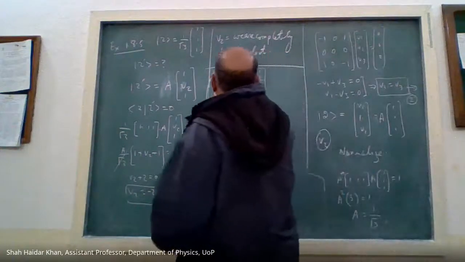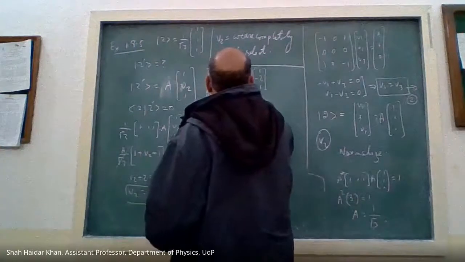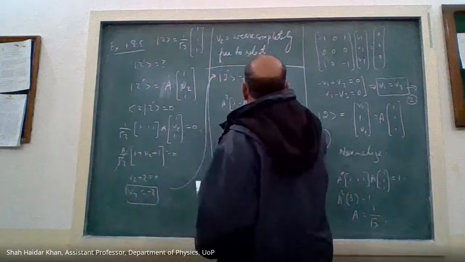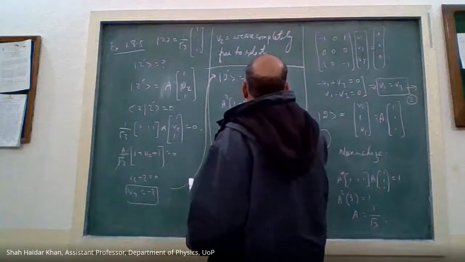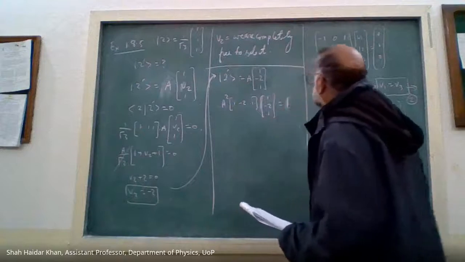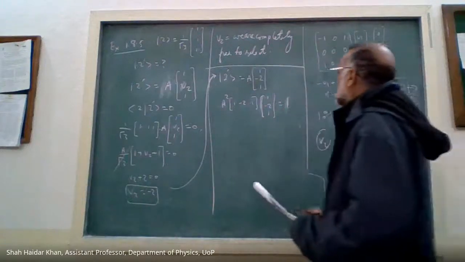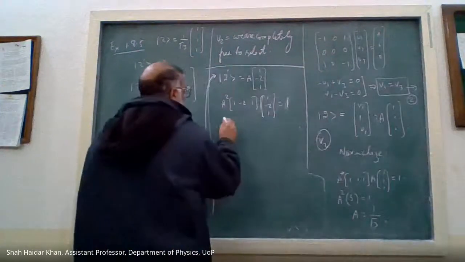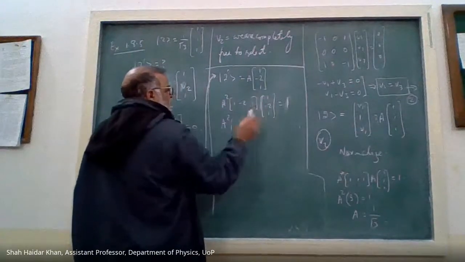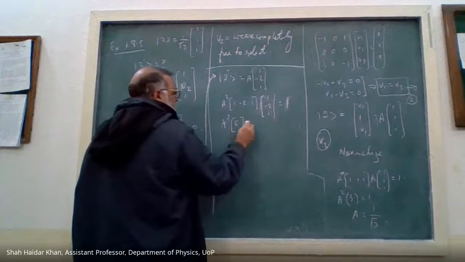So we will say there will be a squared times (1, -2, 1) dotted with (1, -2, 1), and that will be equal to 1 to normalize. So a squared times 1 plus 1 plus 4, so that is 6, right?